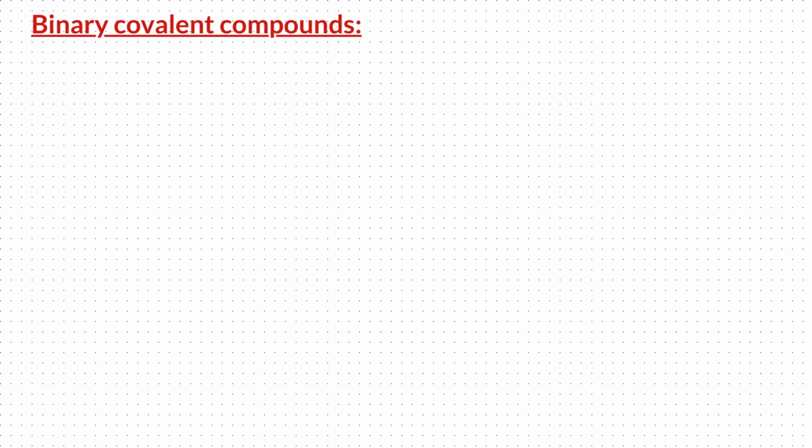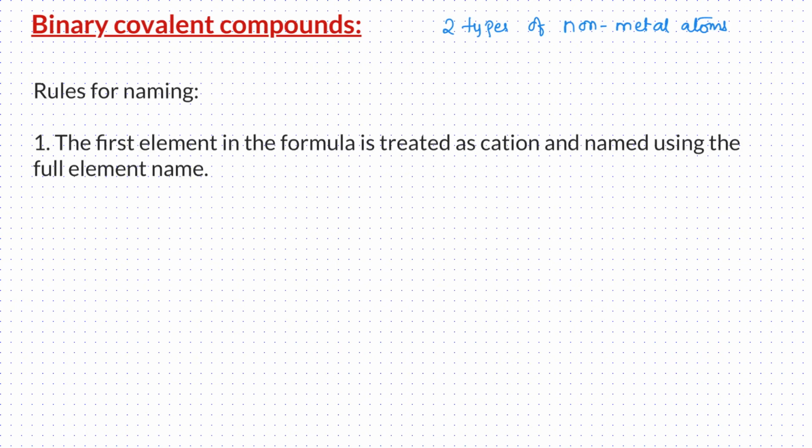Next, we will learn to name binary covalent compounds. Binary covalent compounds consist of two types of nonmetal atoms. Even though the covalent compounds do not contain any ions, their naming is similar to that of ionic compounds with few additional rules. 1.